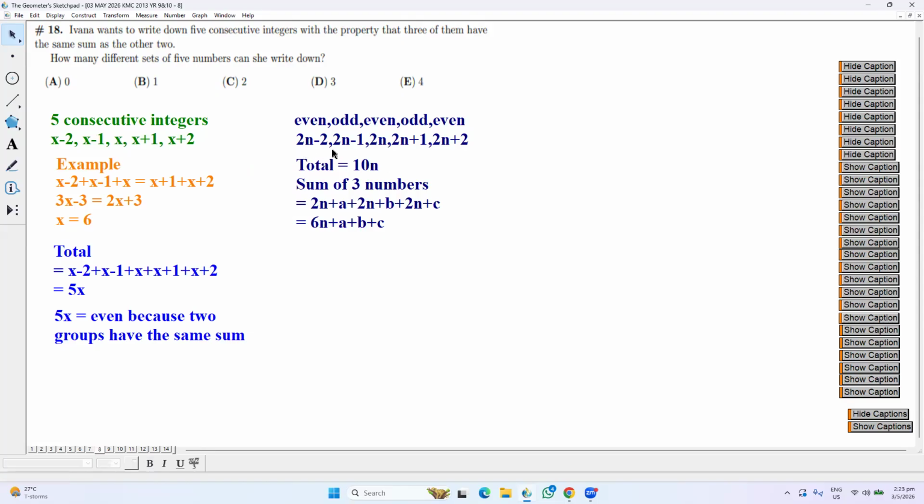And then if we take any 3 numbers, it must be 2n plus a, 2n plus b, 2n plus c, which is 6n plus a plus b plus c, where a, b, c is either minus 2, minus 1, 0, 1, or 2. We write that down. a, b, c are 3 of these 5 values.